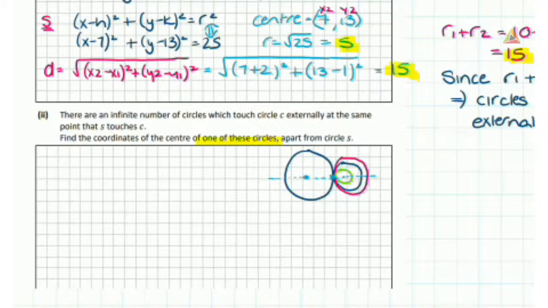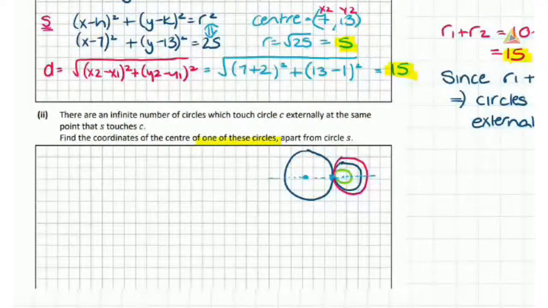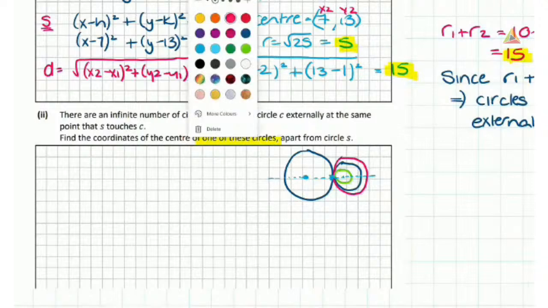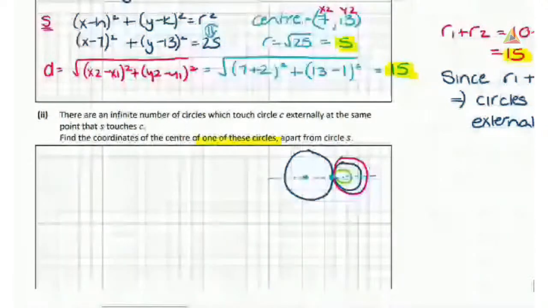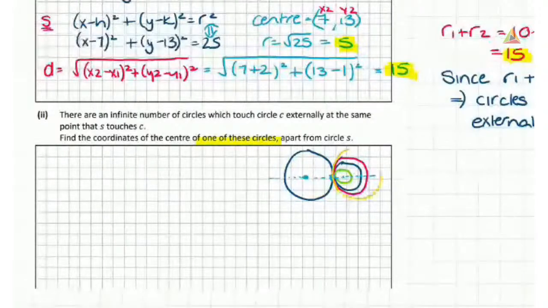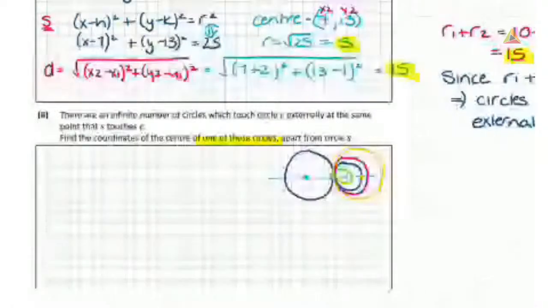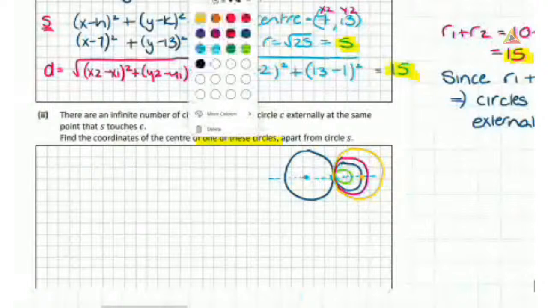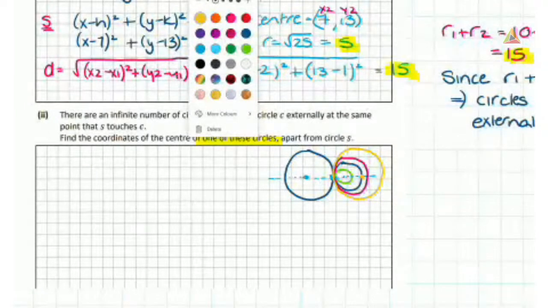But you can see that the centres, no matter what circle we pick, if I was to draw another one in there, again, my diagram isn't great, but you can see that the centre of that circle will also lie somewhere on that line as well.